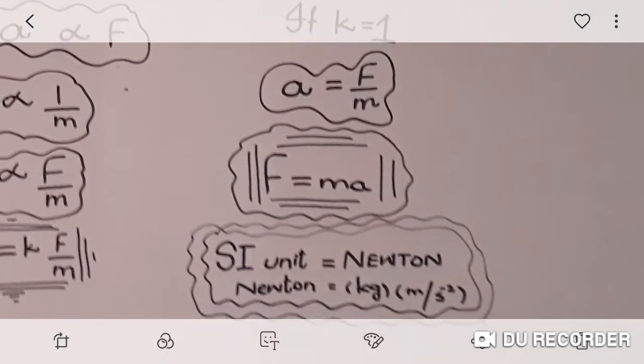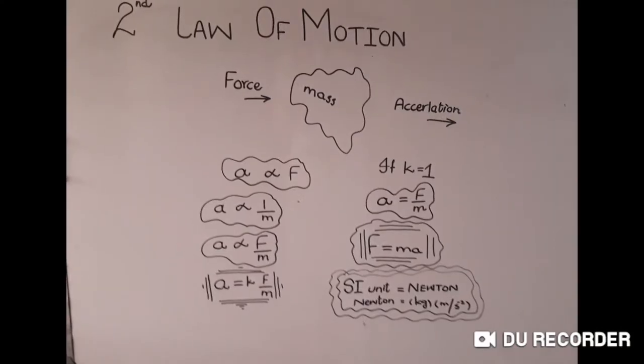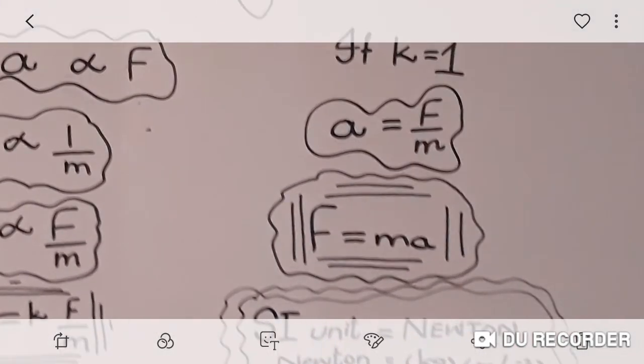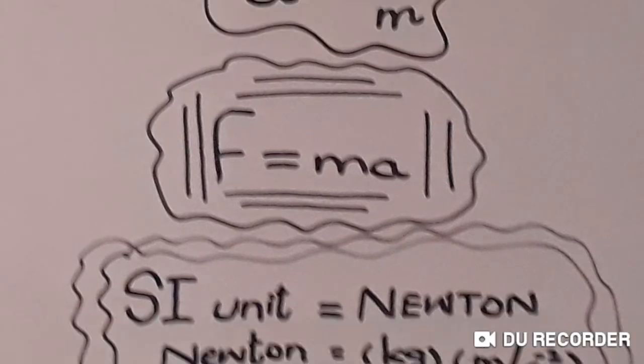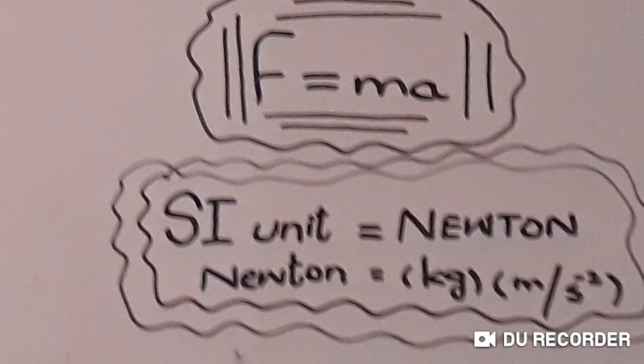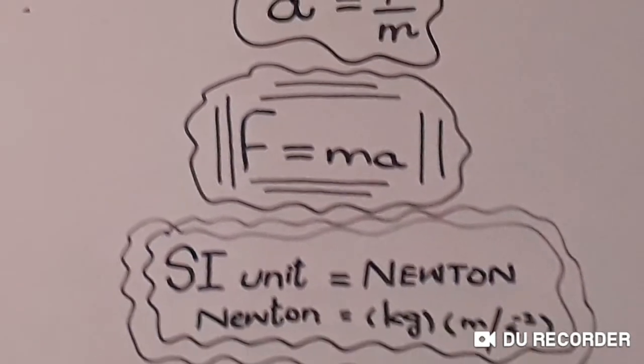The SI unit of force is Newton, and 1 Newton is equal to kilogram meter per second squared. How did we find that unit? This unit is simply found by using the units of mass and acceleration. As force is equal to the product of mass and acceleration, the SI unit of force will also be equal to the product of the SI unit of mass and the SI unit of acceleration.